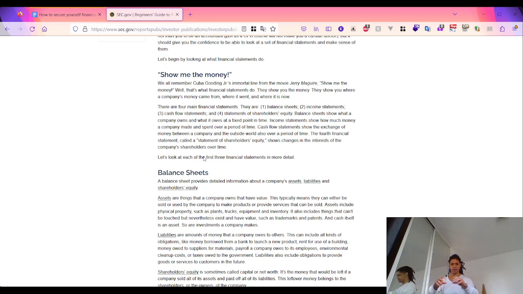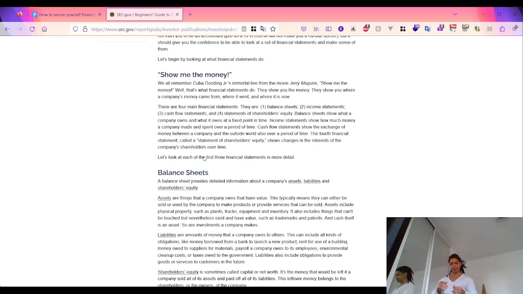The cash flow statement shows you the exchange of money between the company and the outside world, as well as the statement of shareholders' equity, which shows you how the interest of the shareholders changes over time.